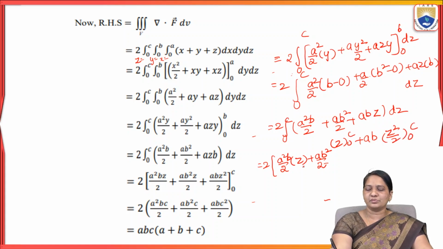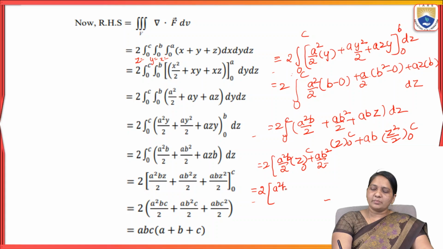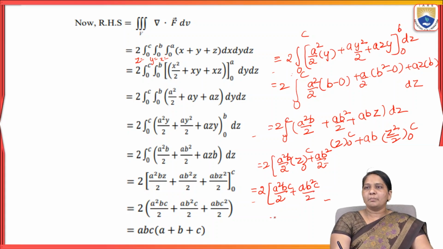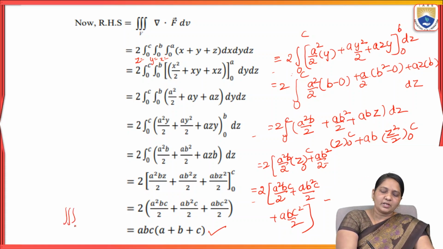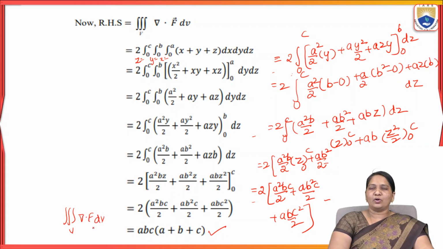Now substituting, 2 into a square bc by 2 plus ab square c by 2 plus abc square by 2. So these are the values we are having. Now when simplifying this, we get abc into (a plus b plus c). This is the value of the triple integral over V of del dot F dV.